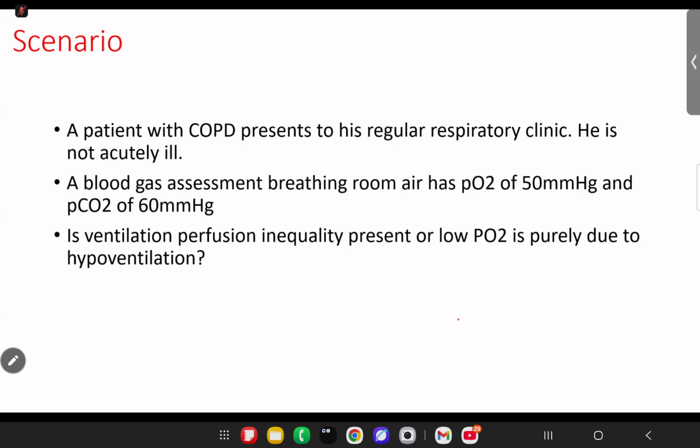Now, I told you in COPD, asthma, or any obstructive airway disease, you can have low ventilation to the bottom part of the lung, exaggerating the VQ mismatch. So is ventilation-perfusion inequality present, or is it purely due to hypoventilation?